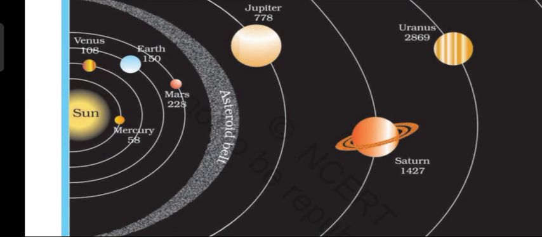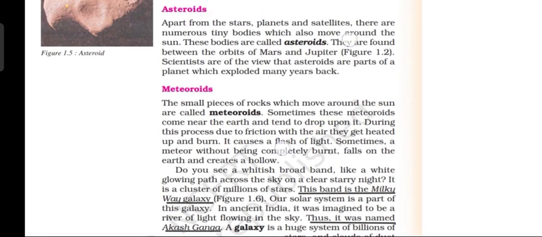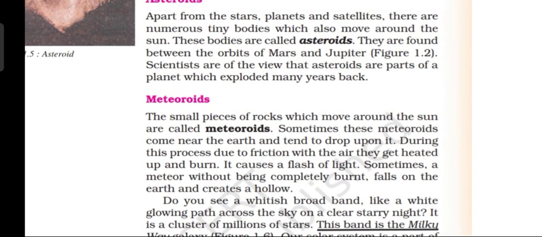So this is where asteroids are found, between the orbits of Mars and Jupiter. Now, scientists believe that asteroids are parts of planets. These are pieces of planets that may have exploded many years ago. So these are the asteroids.